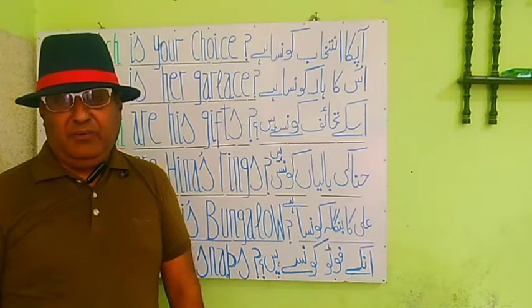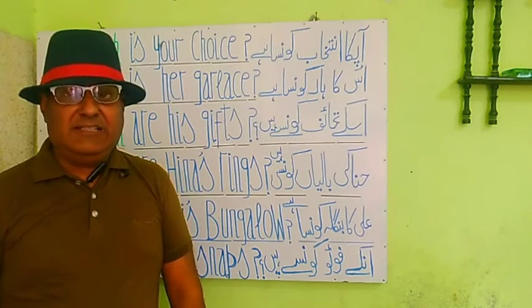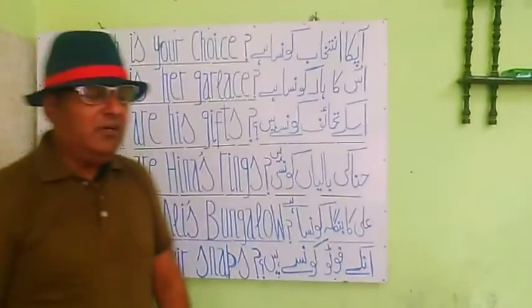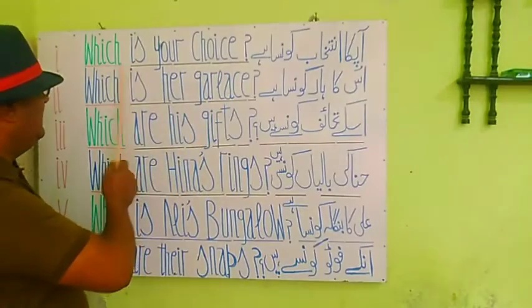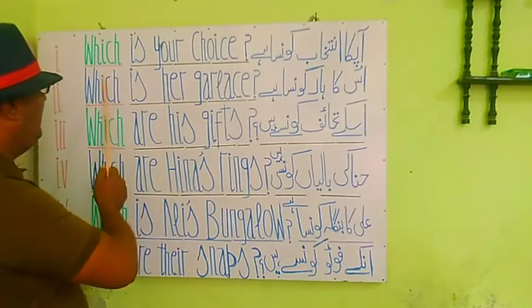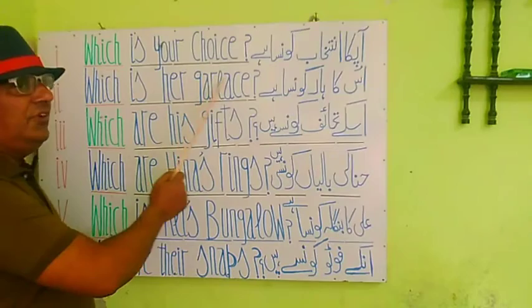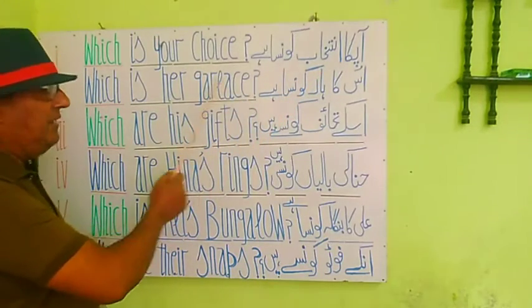These are very important phrases used in English communication. Let's repeat them once again. आइए इन्हें एक बार फिर से दोहराते हैं. First one is: Which is your choice? आपका इंतखाब कौन सा है?